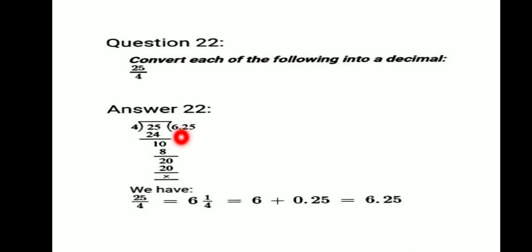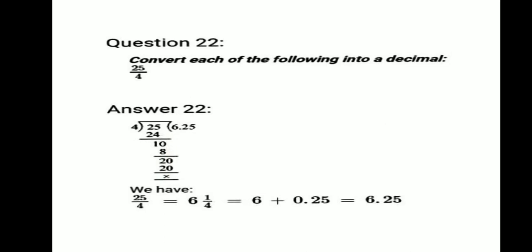Here you will put a point and include a zero. After that here is 10 and here is 4, so 4 2 times is 8, and now 2 is the remainder, because there was already a point, so you can include a zero here. 4 5 times is 20, and here is the answer 6.25. This is the way you can write your answer.